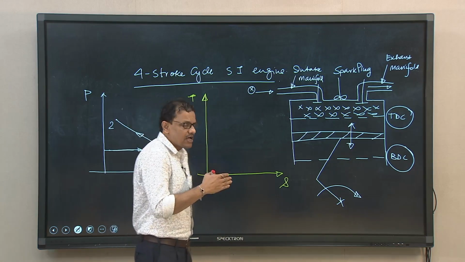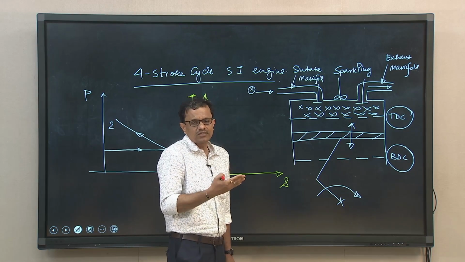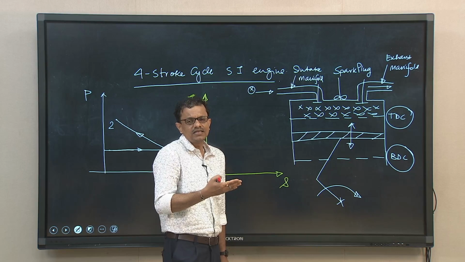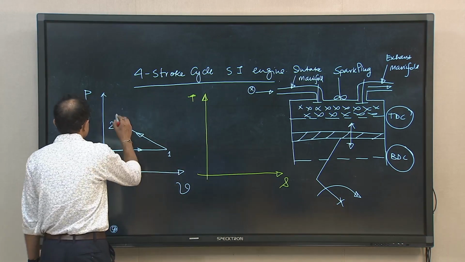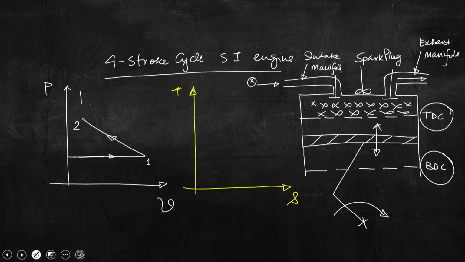So, this approximation allows us to consider that the combustion can be mimicked by a constant volume combustion. Constant volume means the volume is remaining constant. Because of this combustion, the pressure is P3, and this P3 is the maximum pressure in the cycle.